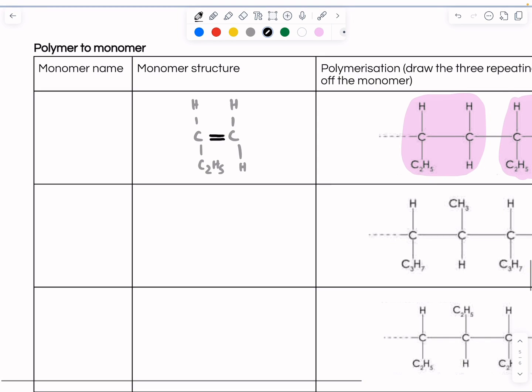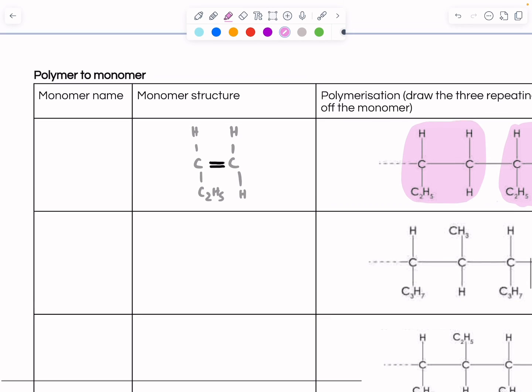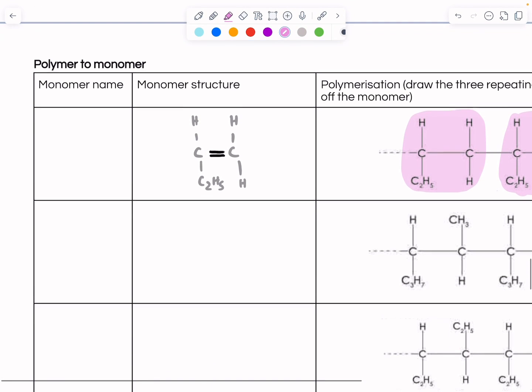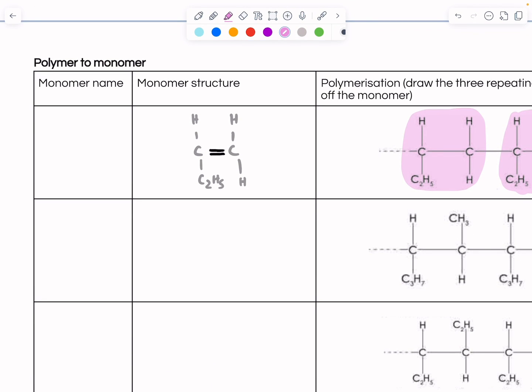Okay, so as we can see here, we've got this structure. And what we can do is identify how many carbons are within this structure, okay? We can see that there's 1, 2, 3, 4.